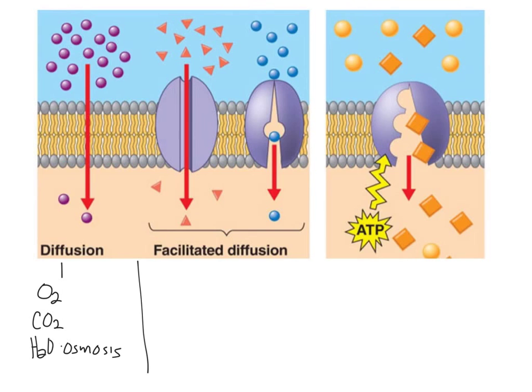This is for our sugars. You don't see any use of energy here, but we do have a protein channel that will move the sugars through. So no need for energy. We're still moving from higher concentrations to low. These are both passive.